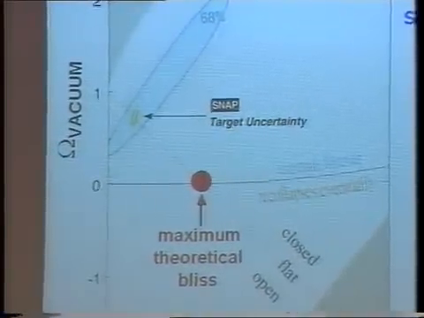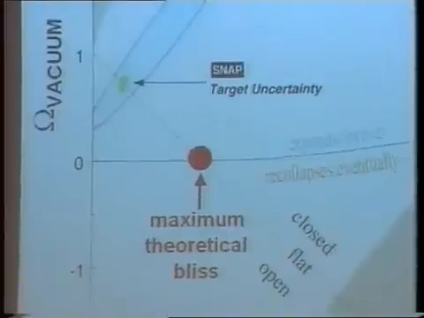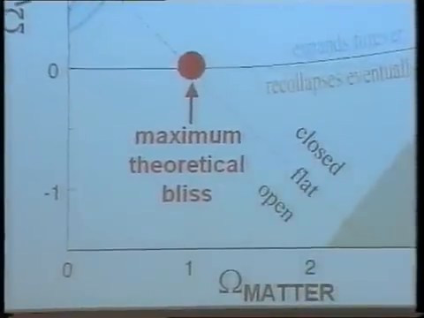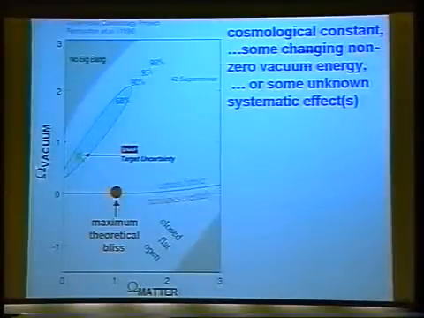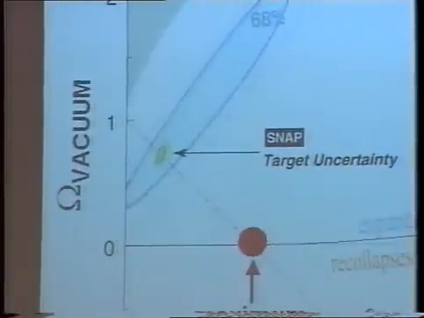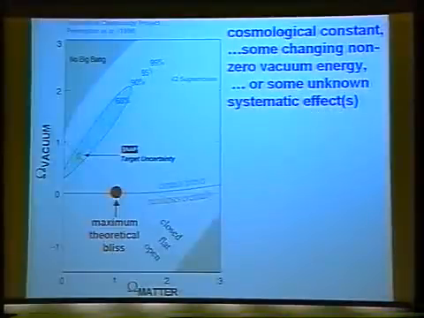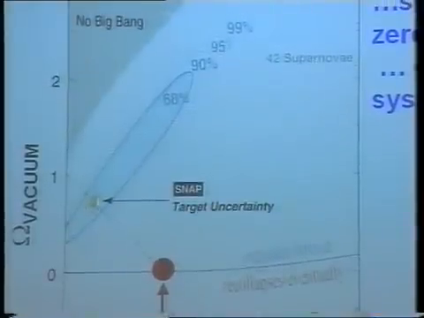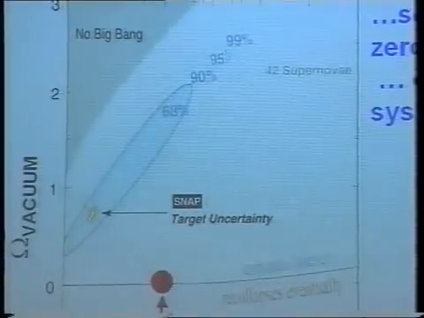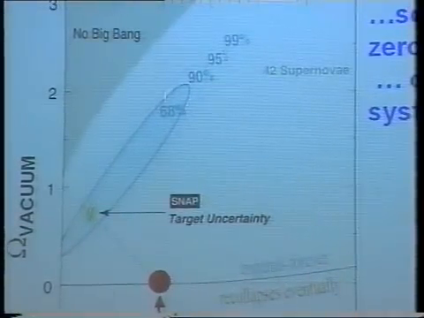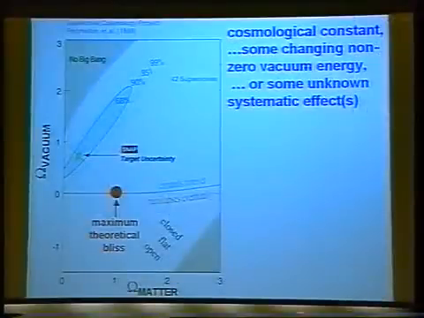So the data find, rather than a deceleration of the universe, an acceleration of the universe caused by a positive value of the vacuum energy. So the two parameters are omega m plus omega vacuum, and this is the error ellipse from these observations. This is some future result that they hope for if they have a satellite, but this blue area is the result now at different confidence levels.